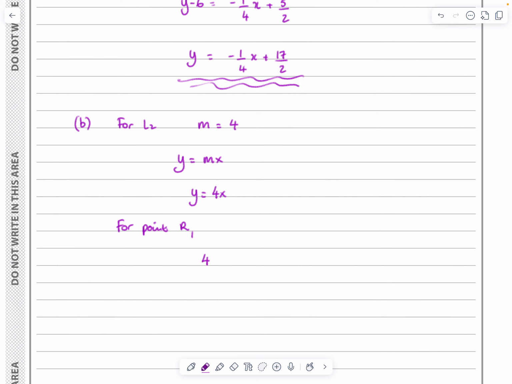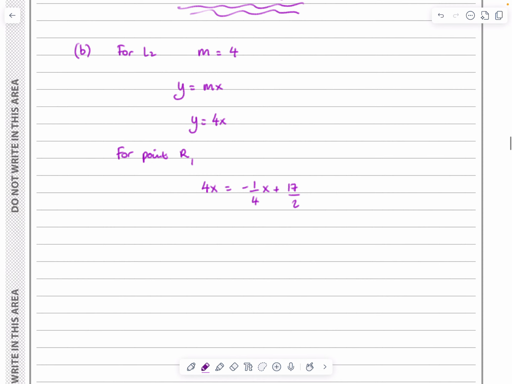So we're going to say 4x equals -1/4 x plus 17 over 2, which means 4 1/4 x is equal to 17 over 2. So x is that one divided by that one. It actually works out to be equal to 2.